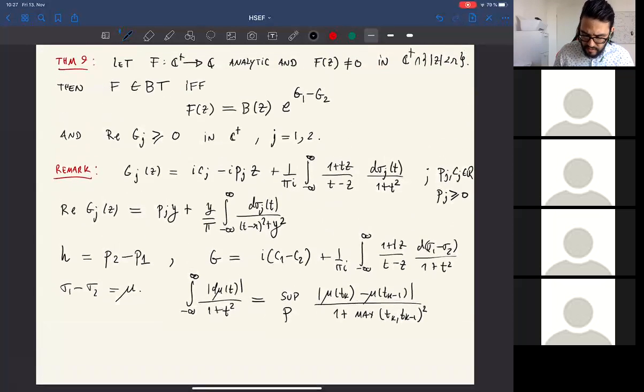Then you can easily show that this is finite, because a simple computation, just applying the triangle inequality in the definition of the sums, shows that it is bounded.